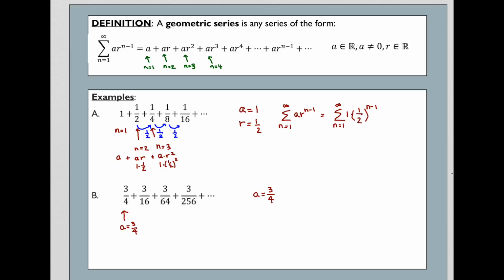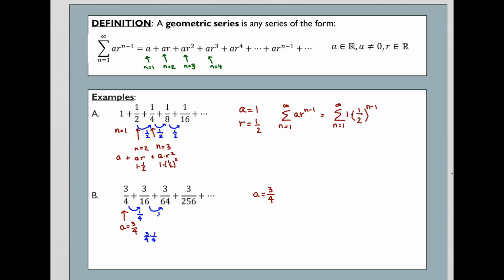A true geometric series has this ratio, this number that I'm multiplying through each time. So what would I need to multiply by 3/4 to get 3/16? I would need to multiply by 1/4, right? Because 1/4 times 3/4 gives me 3/16. Let's make sure that ratio stays constant.